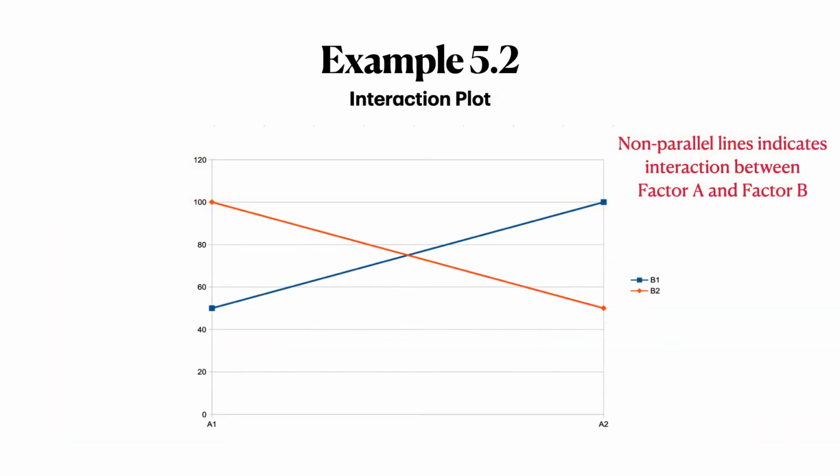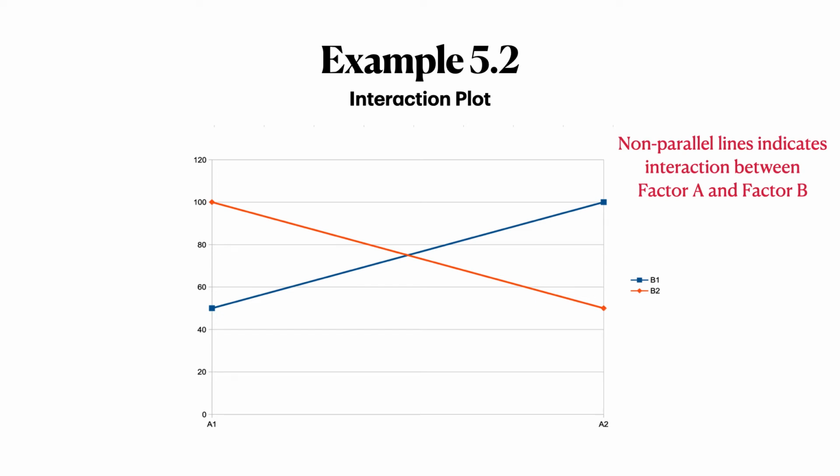Now here is an interaction plot showing the treatment combination means. And again, I'm using the horizontal axis as a qualitative axis, a place to put the two levels of factor A. And then I'm using color to differentiate the two levels of factor B. And then the vertical axis is a quantitative axis with respect to which I am plotting the values of the treatment means for each of the four treatment combinations.